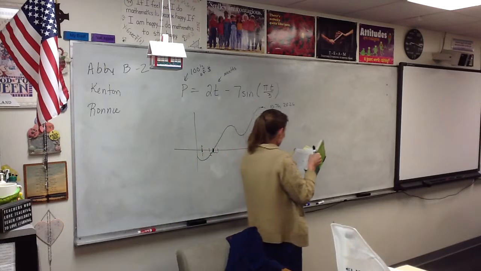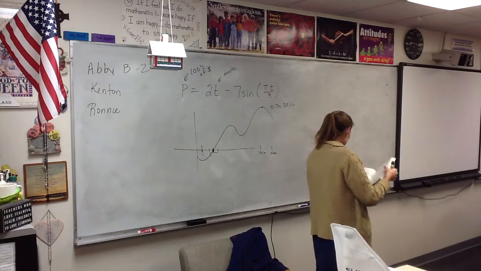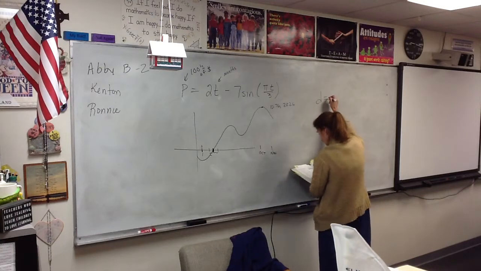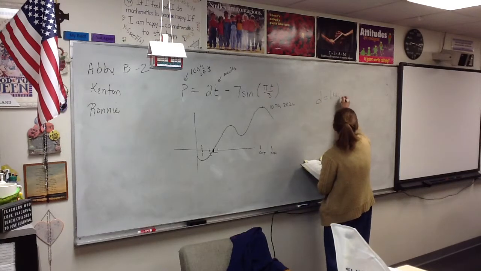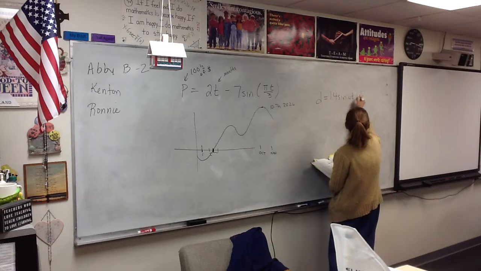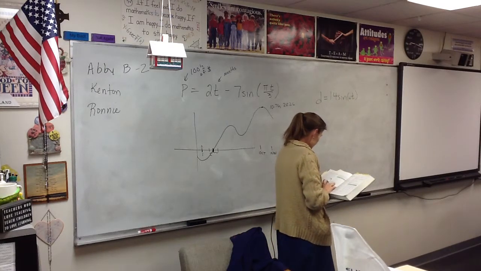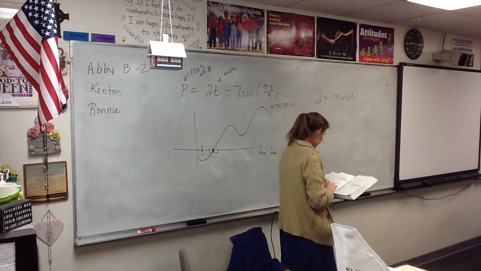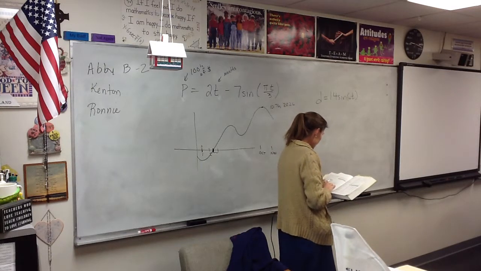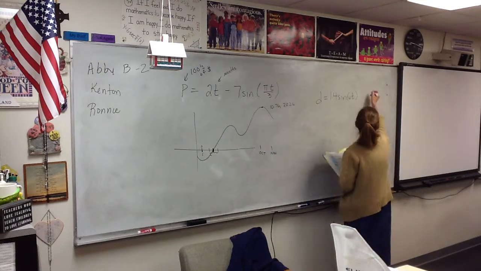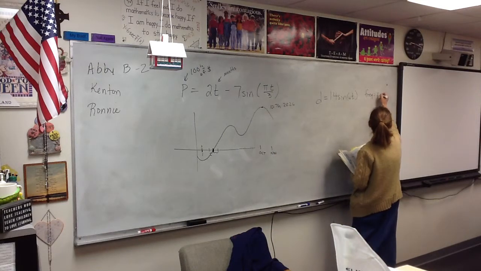A point on the tip of a tuning fork vibrates in harmonic motion described by the equation D equals 14 sine W T, for a tuning fork that has a frequency of 528 vibrations per second.